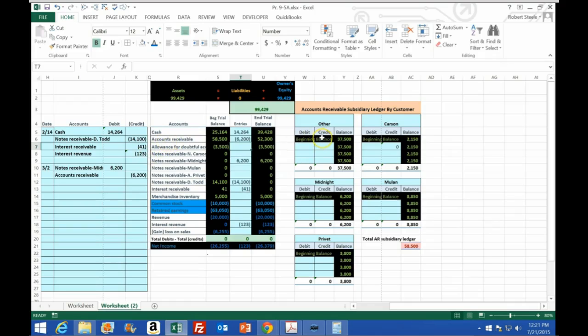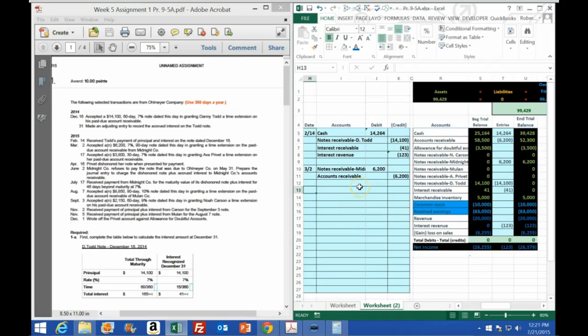We'd have a subsidiary ledger over here, and we're saying, okay, Midnight owed us this much money, and that amount should go down, so I'm going to credit that by the same amount here. And that will mean that our totals here for the people that owe us money now tie out to the total here.